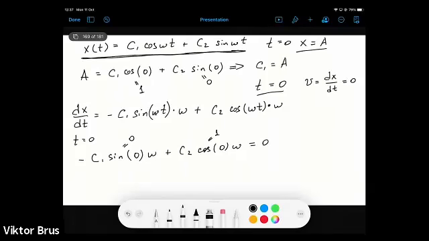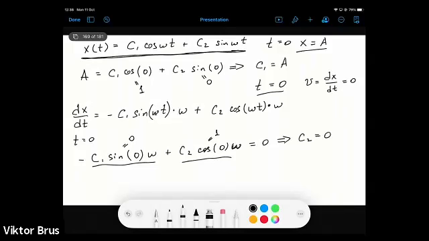Since omega is not equal to 0, because we have some oscillations, this angular frequency is not equal to 0. And this term already is 0 because we have sine 0. This term will be equal to 0 only if C2 is equal to 0. So from here we can write that C2 is equal to 0.